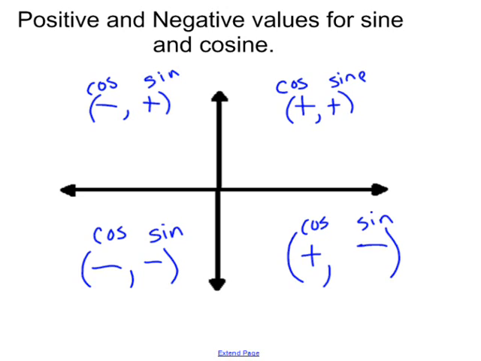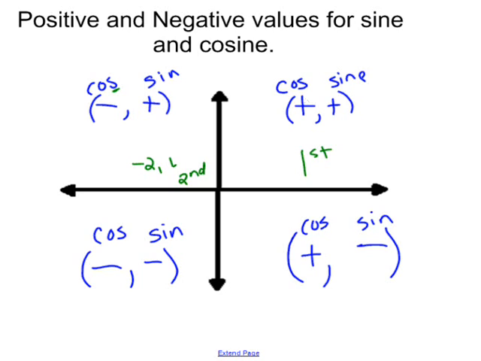All right, so this should take us back to when we first started plotting points. We know both the x and the y in the first quadrant are positive. If we had to plot -2, +1, we know we would be in the second quadrant. So therefore the x is negative here. So that's why cosine is negative here.